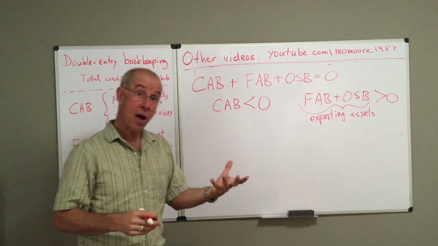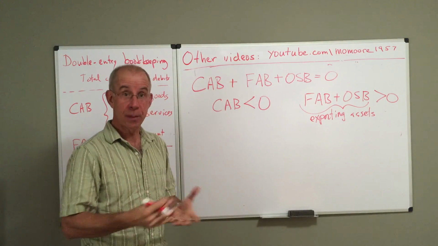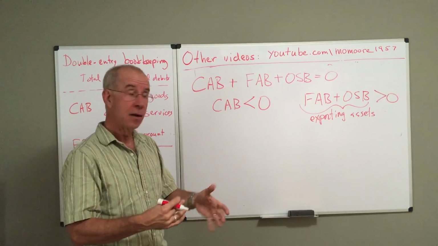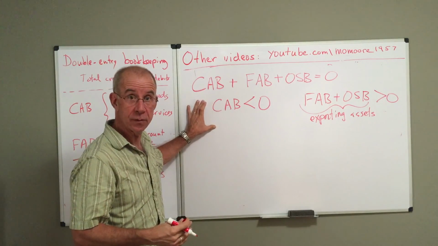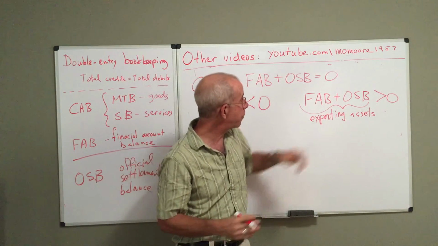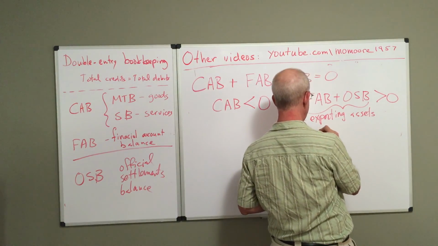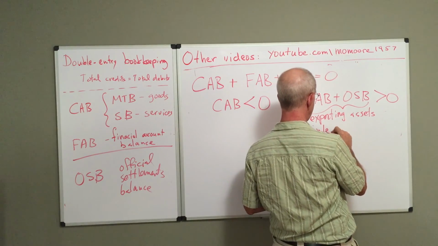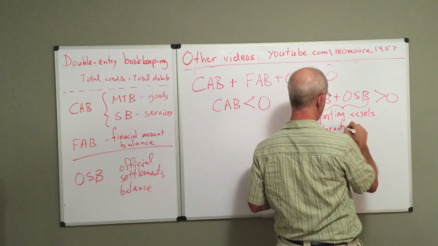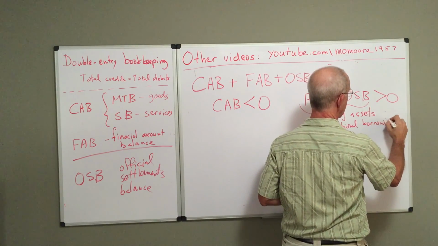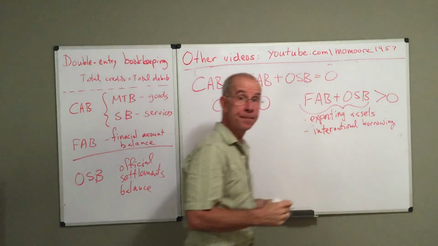It's like selling off some of your stuff, some of your wealth, in order to pay for your current consumption of goods and services. So exporting assets is another way of saying that there is international borrowing by the country.